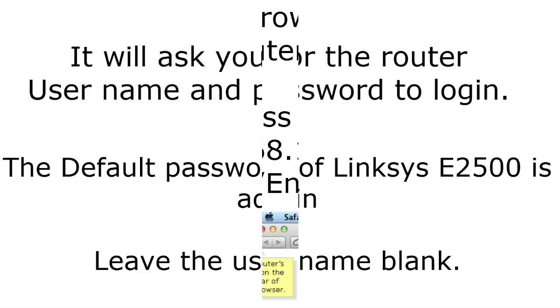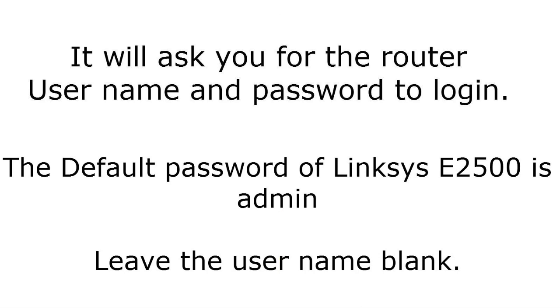Now this number 192.168.1.1 is the default IP address of your Linksys router. When you hit enter, it will ask you for a username and password to log into the Linksys router. The default password of the Linksys E2500 router is admin, ADMIN. Leave the username blank. So do not type anything in the username field and type in the password admin.